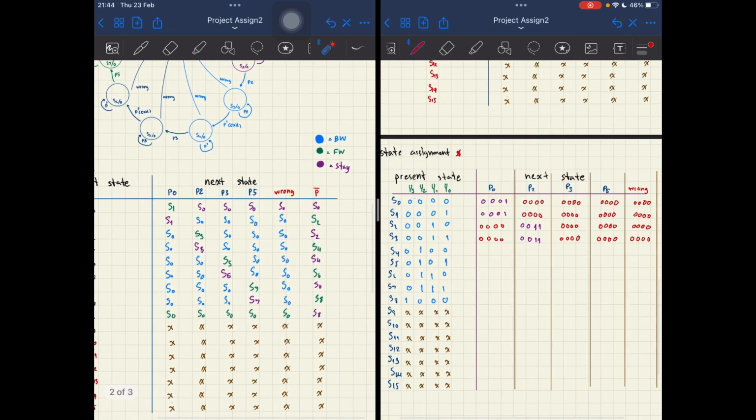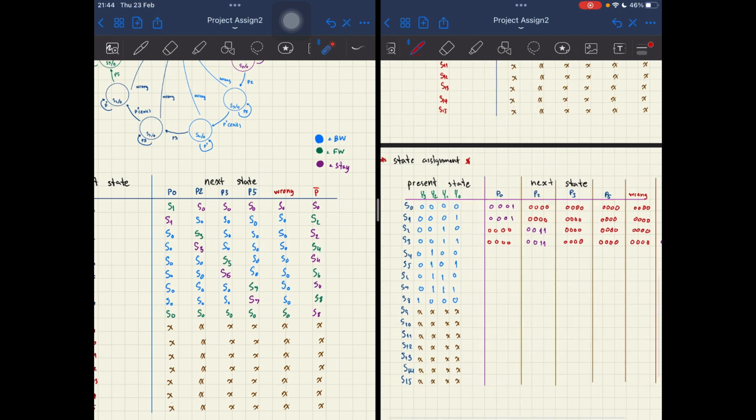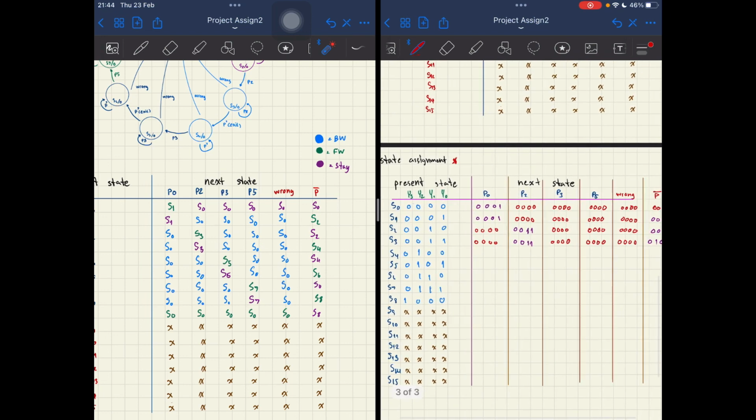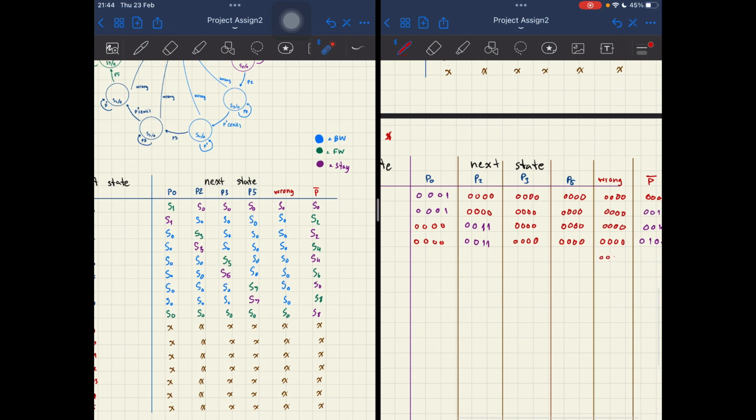So to be faster, I will write 0, 0, 0, 0 at the wrong case, down to state 8, because if you do the wrong thing, you will go back to the start state, state 0. So it is 0, 0, 0, 0, 0, 0, 0, 0. Here are the same.